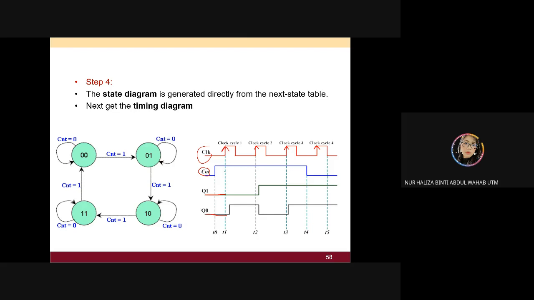So at this specific clock, what is the value of your Q1, Q0? At this time, Q1, Q0 is 0, 0. So now you are here at your present state. You need to generate what it looks like for the next. So you refer to 00 with an input of 1.